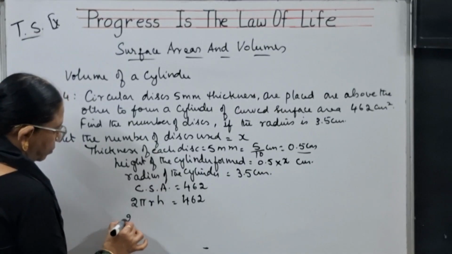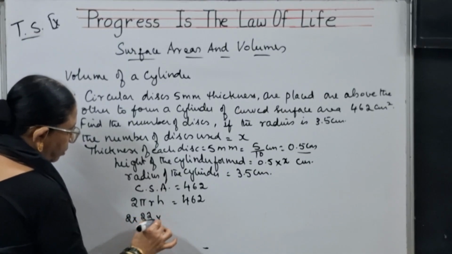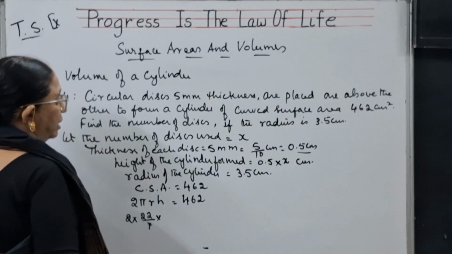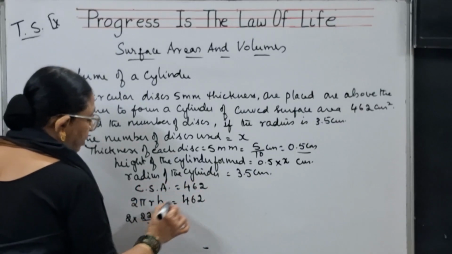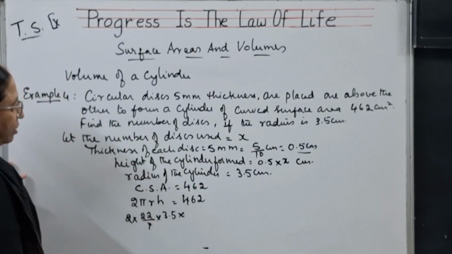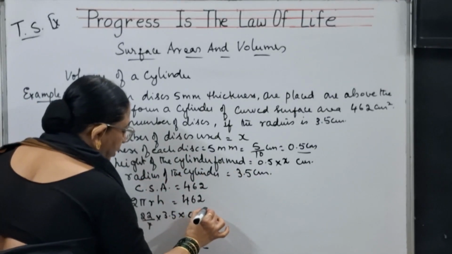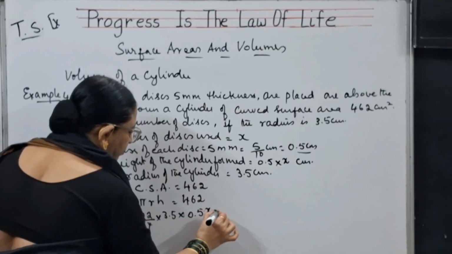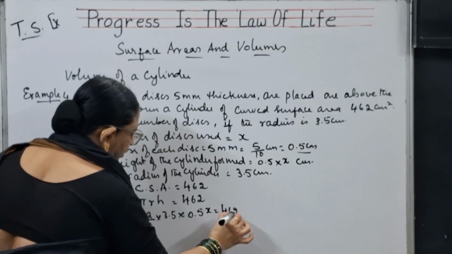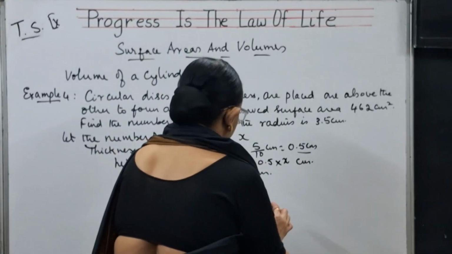So 2 into 22 by 7 into radius 3.5 into height. The height of the cylinder we have got is 0.5 x, is equal to 462.